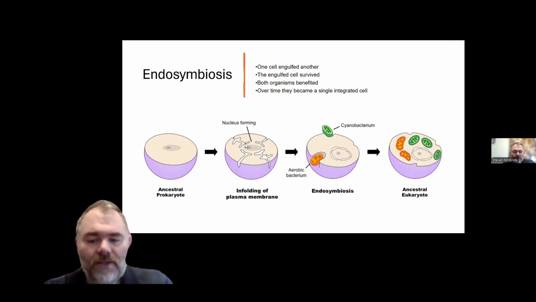Over time, this relationship became permanent. Eventually, the two organisms became so integrated that they effectively functioned as a single cell. According to this theory, some organelles inside eukaryotic cells were once independent bacteria. That means part of your own cells may trace their origins back to ancient microbial partnerships billions of years ago.